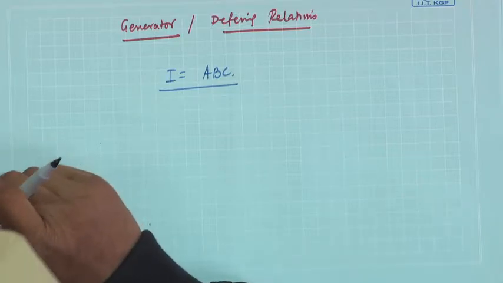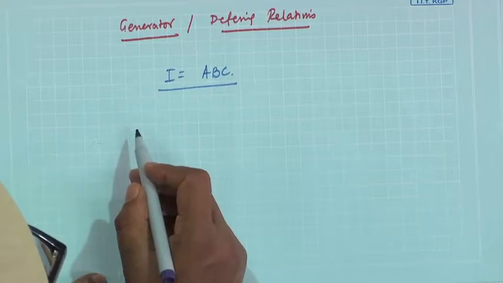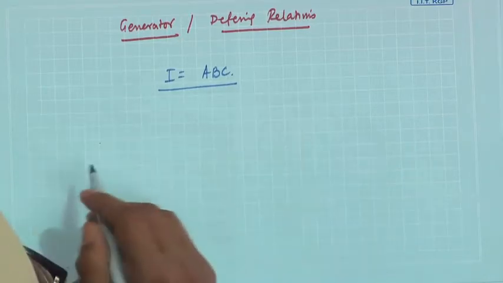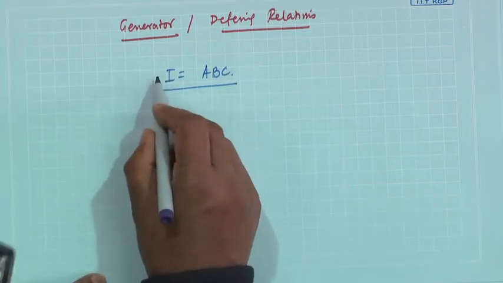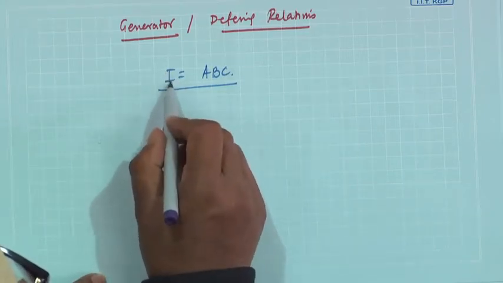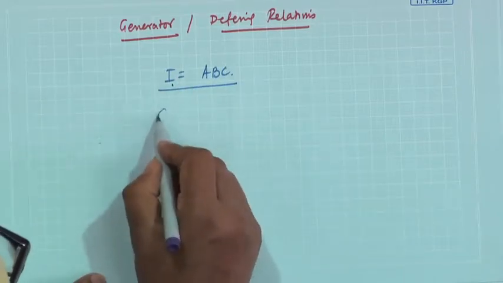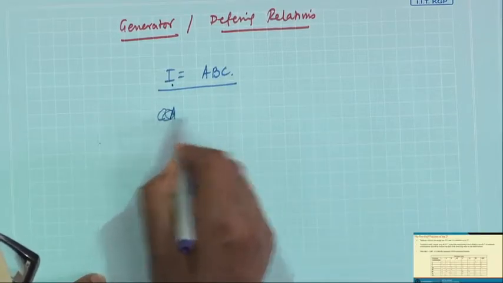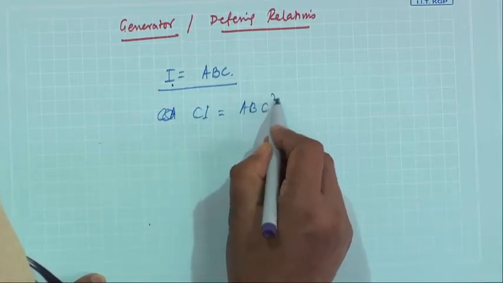Now, in the earlier example I have shown, suppose I multiply this I into C, so C into I; then you multiply this ABC into C, means C square.